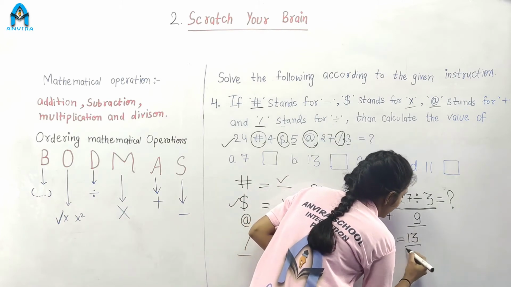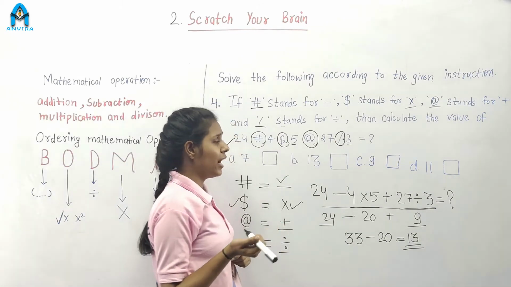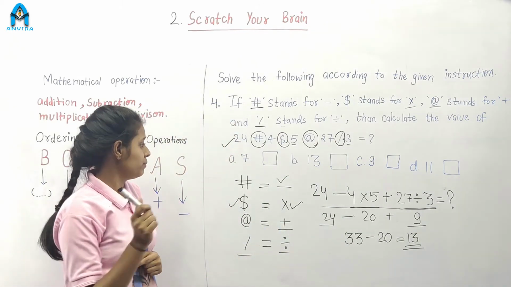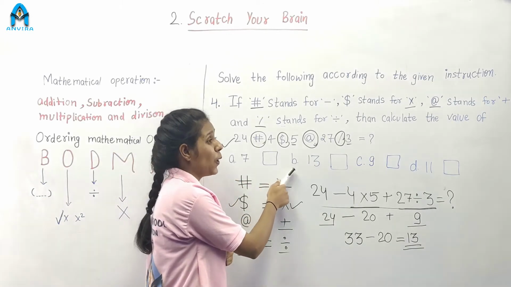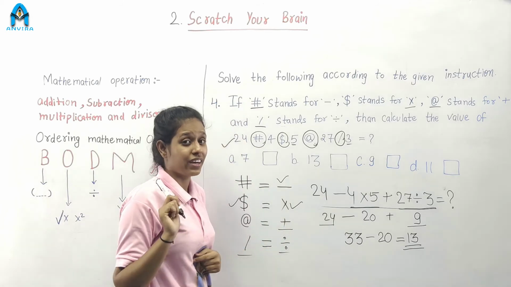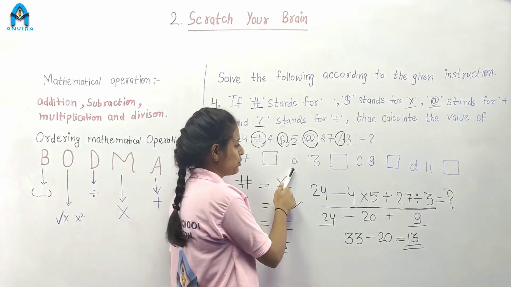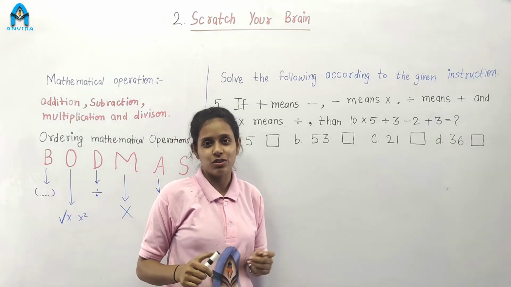So our correct answer is 13. Now find out which is our correct option. Option A 7. No. Option B 13. Yes, our correct option is option B 13. Let's go to our next question.